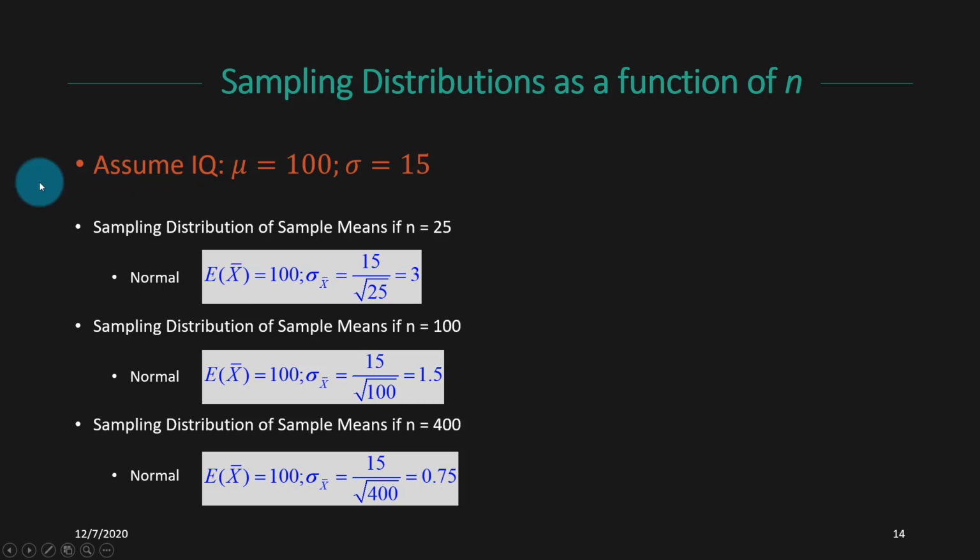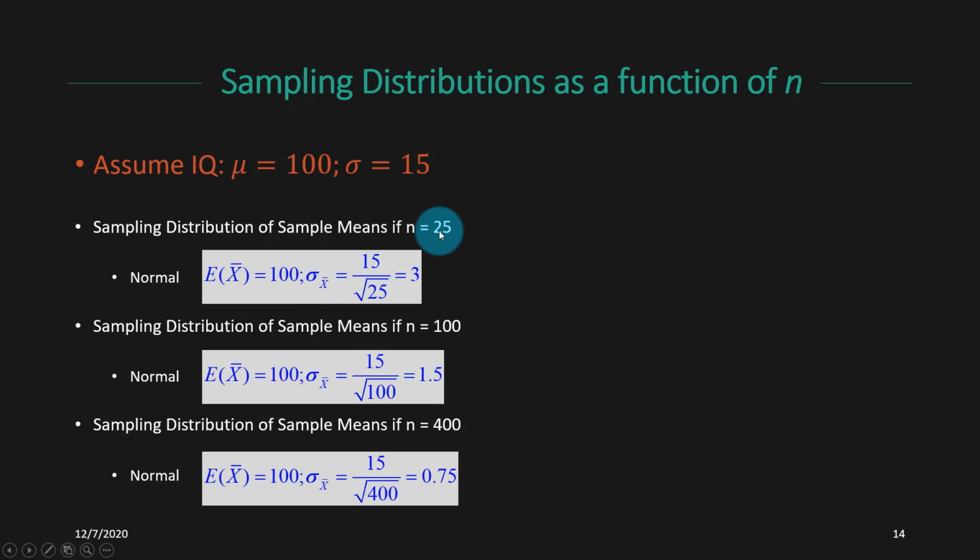Well, the expected value of the mean in each case is 100. We expect the mean of sample means to be equal to the population mean, because any individual sample mean is an unbiased estimate. So all of the overshoots and undershoots will cancel each other out, and on average, our mean is going to be an unbiased estimator, and that doesn't change as a function of sample size. What does change as a function of sample size, however, is the standard error in each of these cases, right?